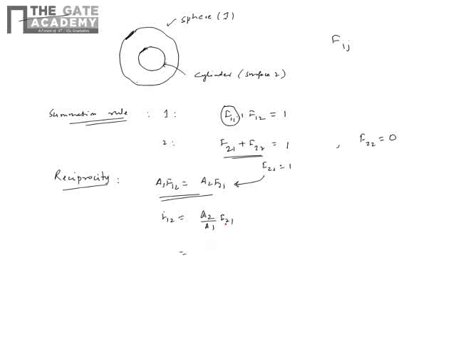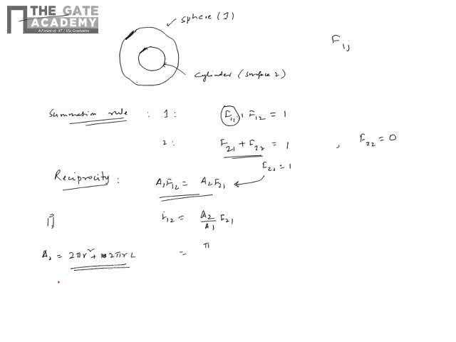Now A2 is the cylinder surface area. Because it's the total, you have to include everything. So A2 is the cylinder surface area, and it's a small sphere inside the cylinder, so you have to include everything. So it's 2 pi r square for the two ends plus 2 pi rl for the lateral surface.